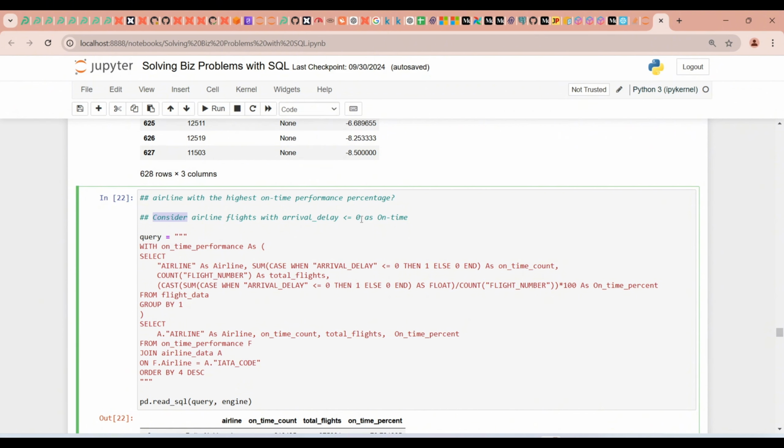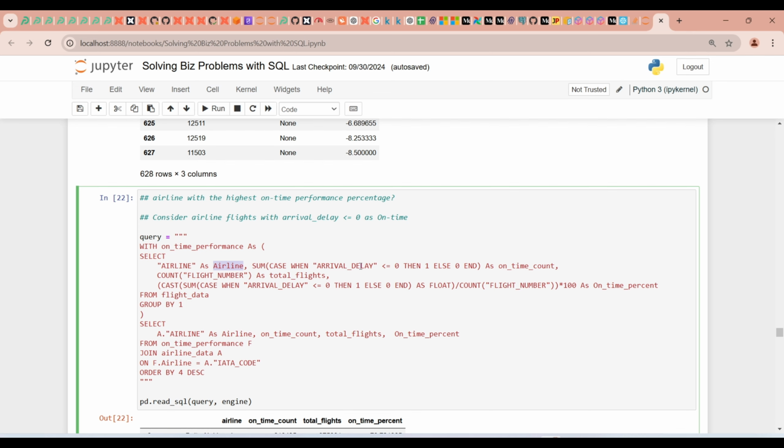So when the delay is less than or equal to zero, if it is negative, it means I arrived earlier, right? So that's how we're going to do that. From the flight data, we want the airline with the highest on-time performance. For each airline, we have to count.